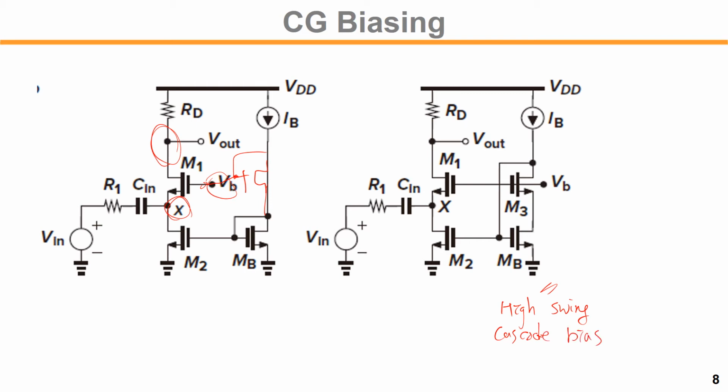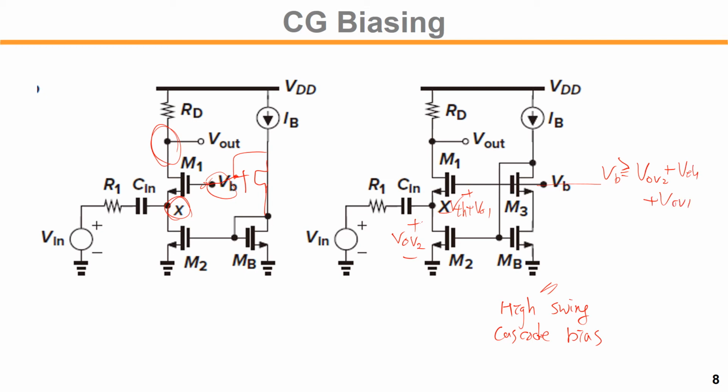In this way, we can have the proper value, like VOV2 plus VTH plus OV1. So we generate VB in a way that it is greater than overdrive 2 plus VTH plus overdrive 1.